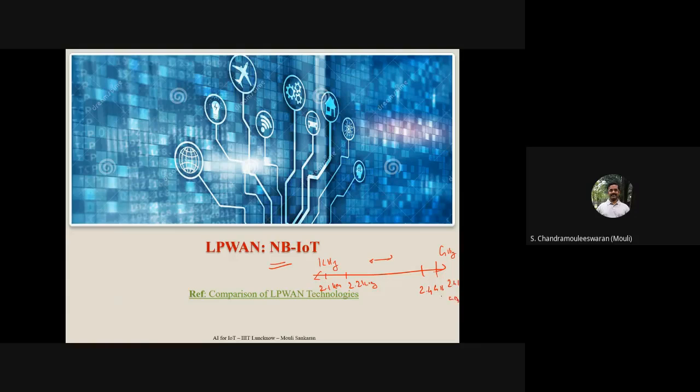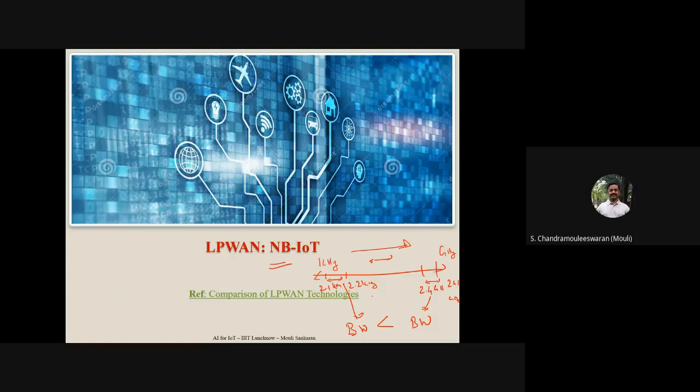Now these two are not the same, because if you find the difference between the frequencies, you get less bandwidth here than the bandwidth that you get in a higher frequency. So as you go up in frequency in communicating with the other devices or the base station, you get more bandwidth.